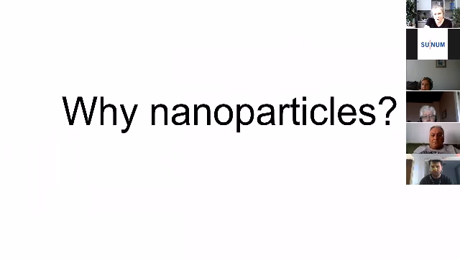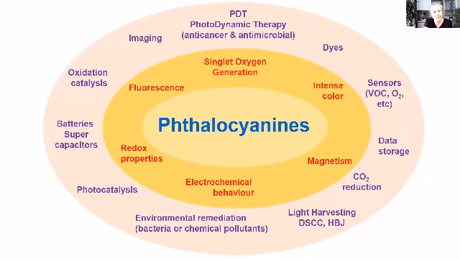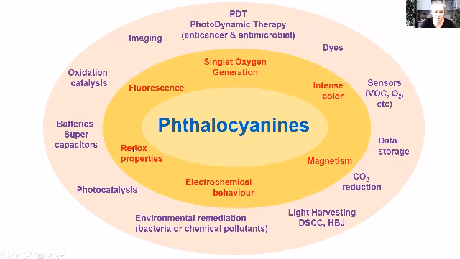So if we come to the core of the talk, let's see why we are going to put the phthalocyanine into nanoparticles. And the fact is that phthalocyanines have a lot of different properties, as we mentioned a little bit already. It can be singlet oxygen generation, fluorescence, redox property, magnetism. They have an intense color, electrochemical behavior, and then they are used for different applications.